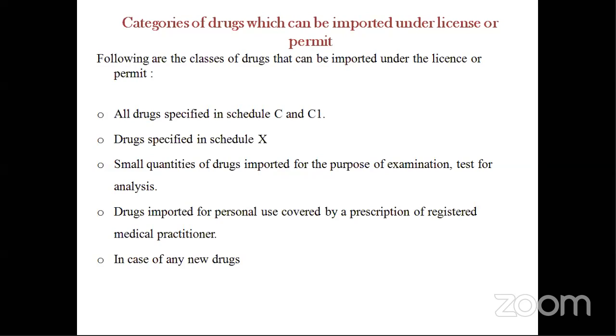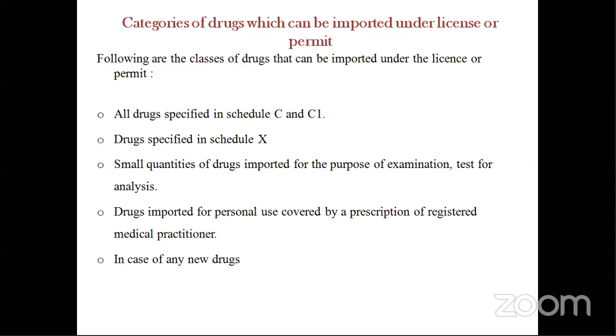Next, coming to the drugs specified in Schedule X, it is the most important category because Schedule X means narcotic drugs. Narcotics means substances which are habit-forming and give some mental disturbances during intake of the drugs. All types of sedatives and anti-anxiety drugs are under Schedule X because they are all in the narcotic category.